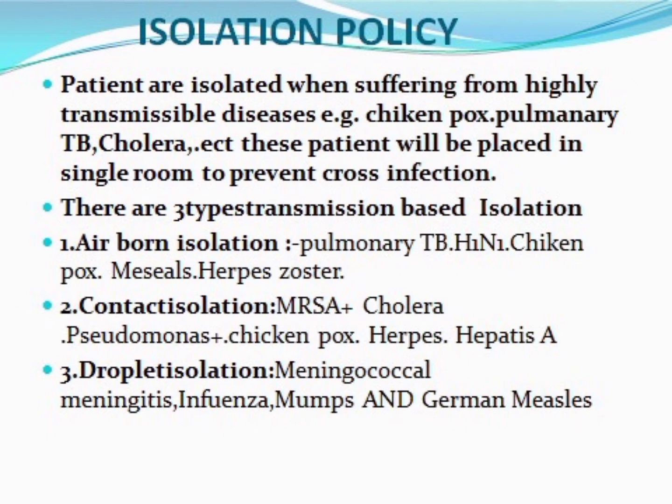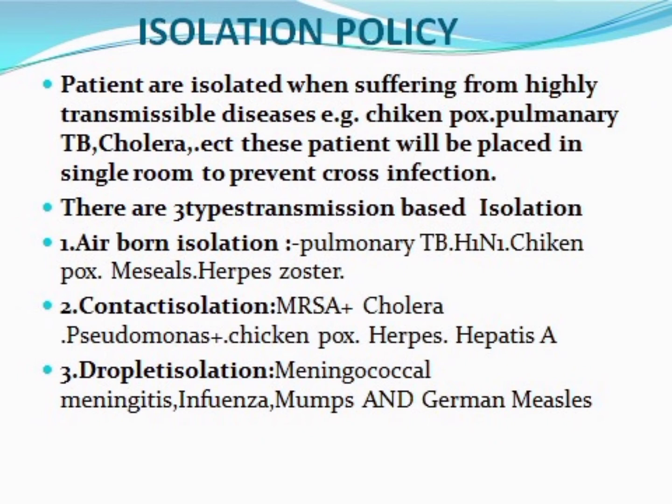Airborne isolation means the virus will be present in the air. In airborne isolation, we can see pulmonary TB, H1N1, chickenpox, measles, herpes zoster. These kinds of disease conditions come under airborne isolation. Again, we have to place the patient in a single room and practice isolation practices.